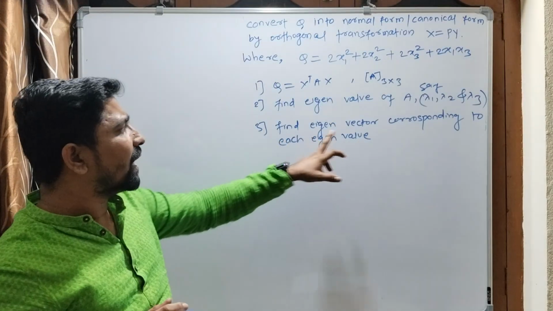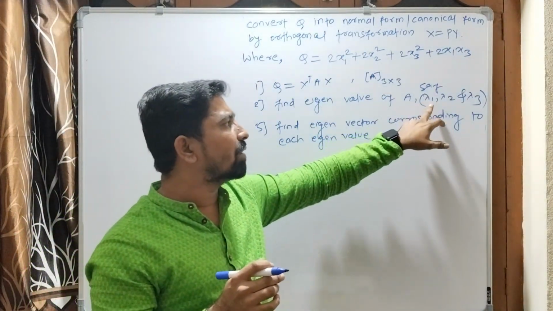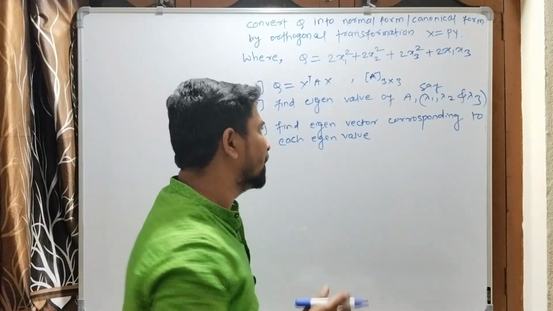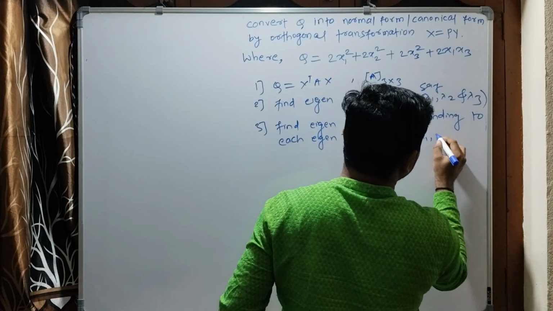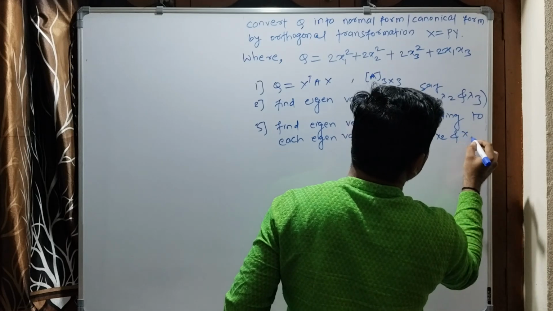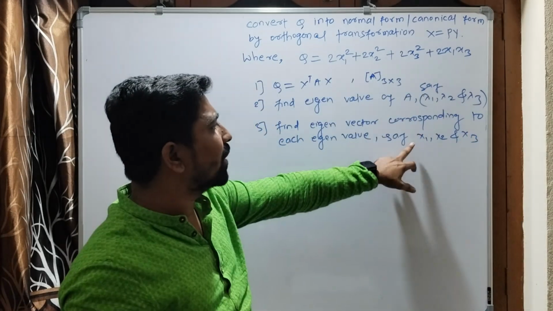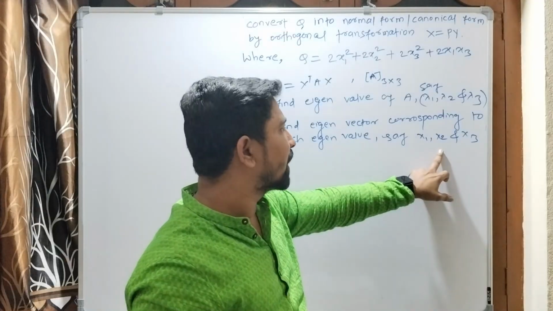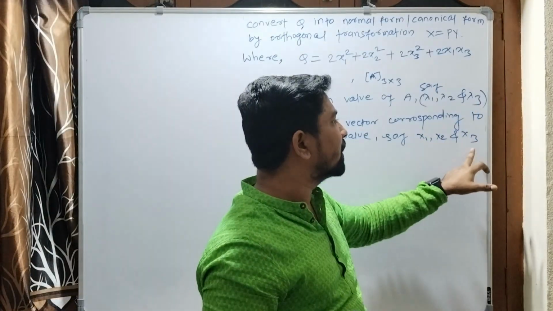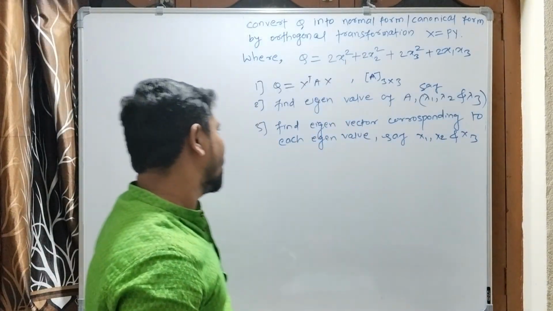So after that find the eigenvector corresponding to each eigenvalue lambda 1, lambda 2, lambda 3, say x1, x2 and x3. So corresponding to lambda 1, let's say x1, corresponding to lambda 2, let's say x2 is the eigenvector, and corresponding to lambda 3, x3 is the eigenvector.